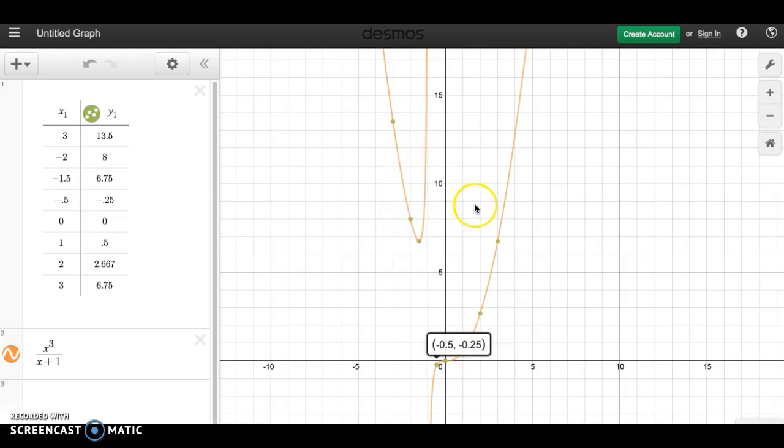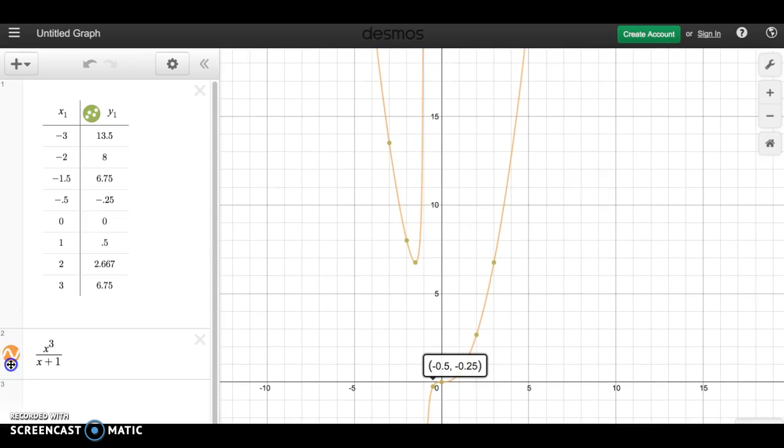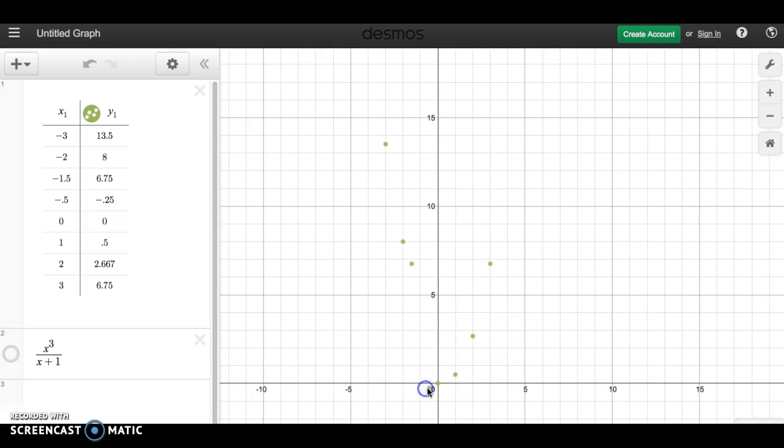So this is what your graph looks like. This one I think is probably hard for you to figure out. If I take off the graph itself, okay, if this is all you see when you're plotting your points, it's going to be hard for you to figure out where on earth you put the line to connect it.